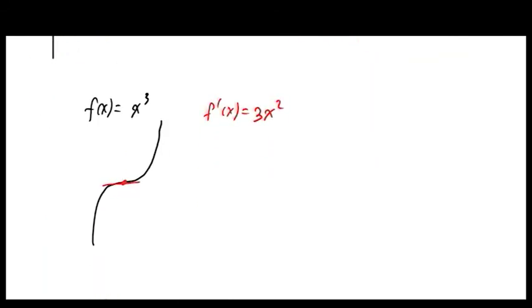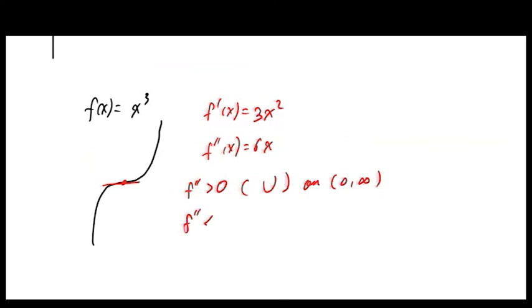But this is a point of inflection. Let me finish this thought. So f double prime is positive, meaning concave up, on 0 to infinity. f double prime is negative, meaning concave down, on negative infinity to 0.